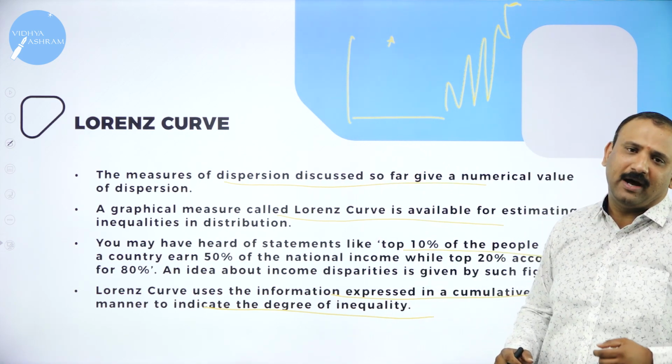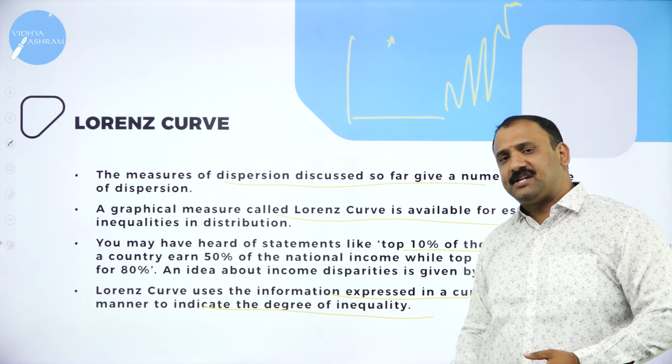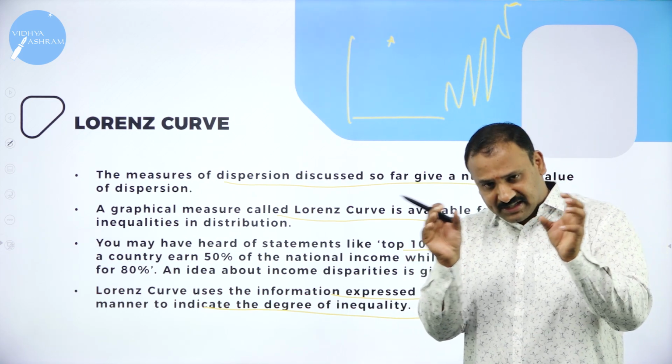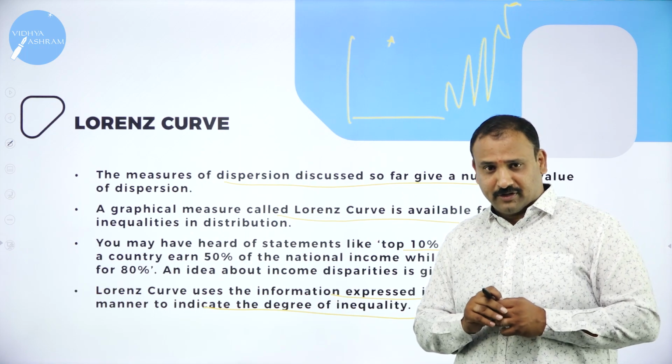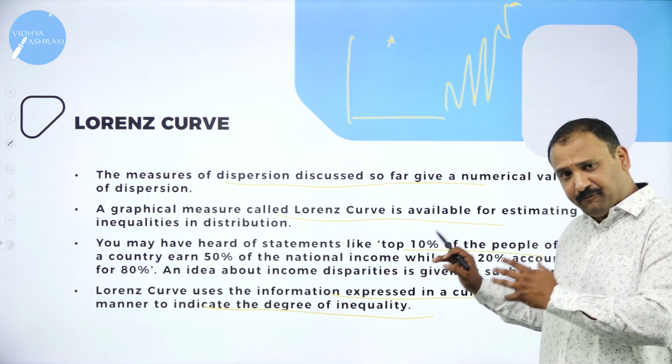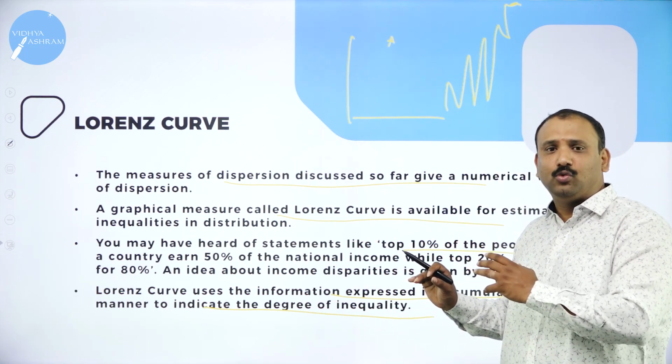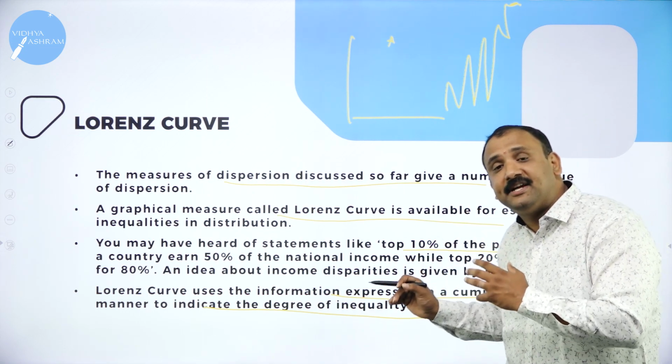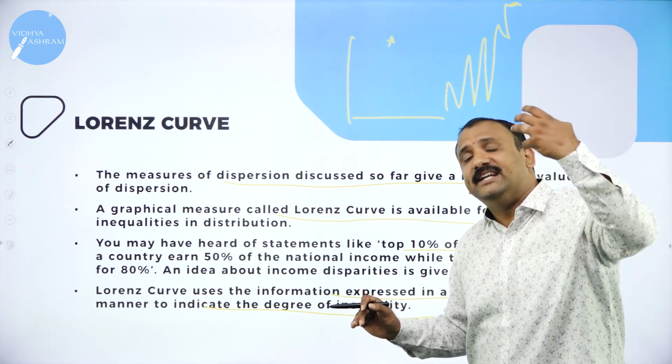That's a very big value, and you will be able to understand it graphically, trying to understand the inequalities in the long run. So this is a very, very informative and interesting tool altogether, which helps us understand the degrees of inequality.